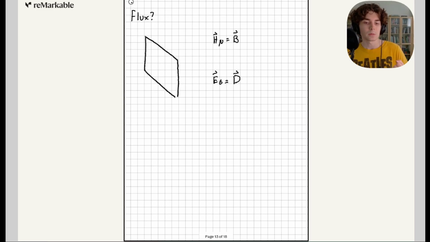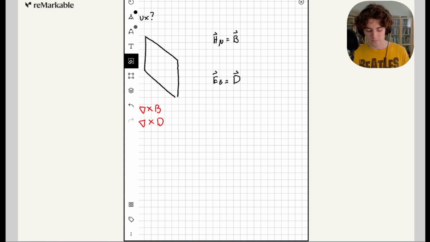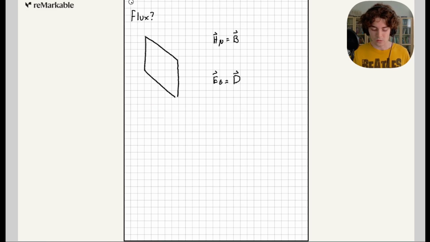And then the final piece of the puzzle to understand the whole thing is flux, which is understanding what those variables were that we're taking the cross product or the derivative of. Right? So how flux and flux density are related to the field intensity was one of the things I found most confusing about this.